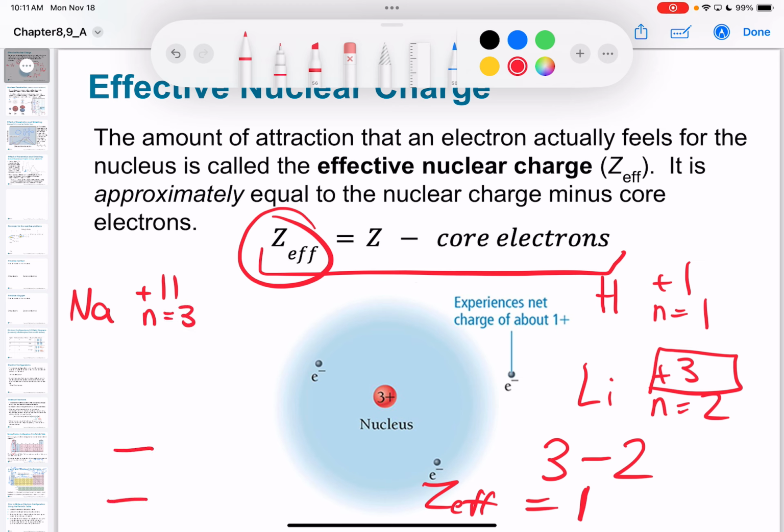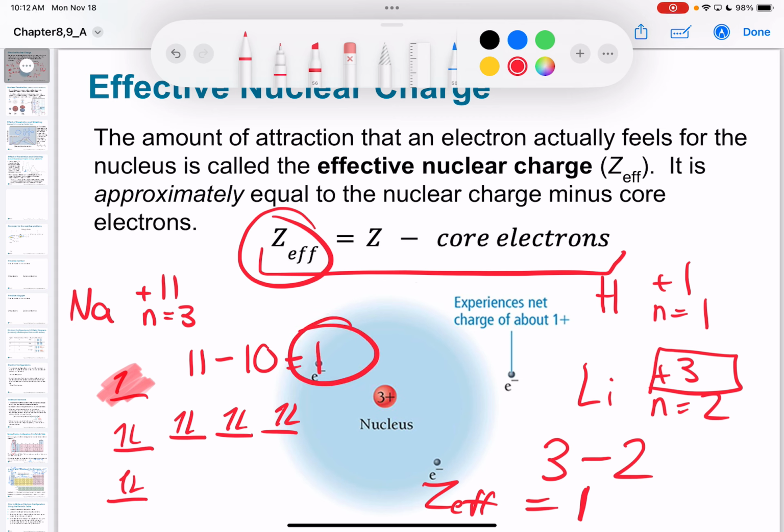Let's draw a quick orbital diagram so that we remember what it looks like. It has 1 valence electron and 10 core electrons. So the positive charge that is going to be felt by this electron is Z, 11, minus those core electrons, so it equals 1.